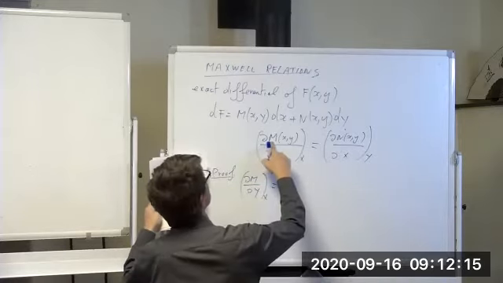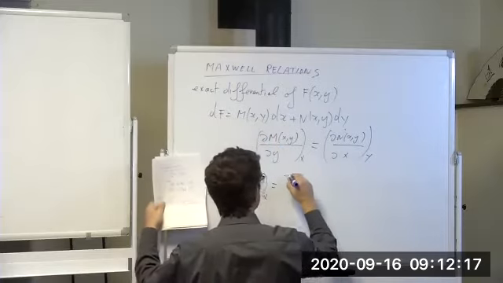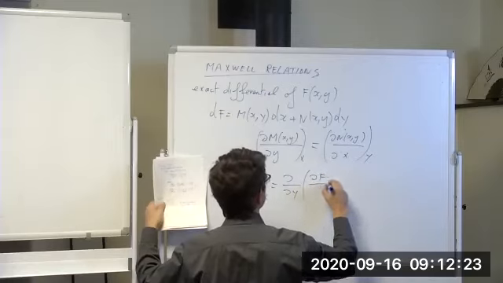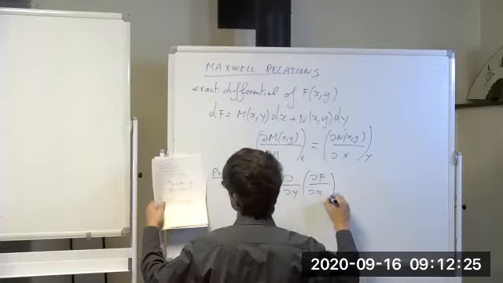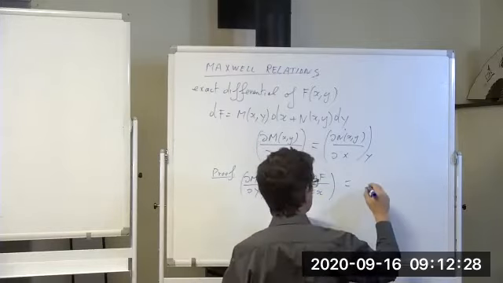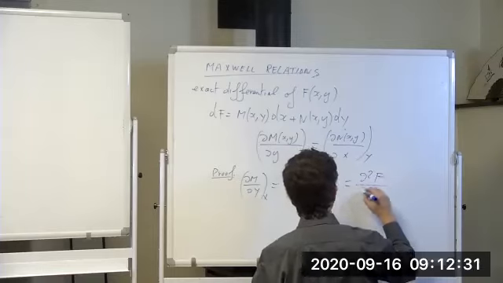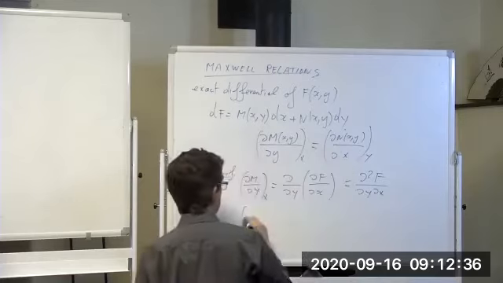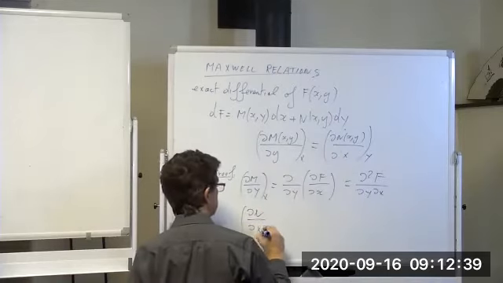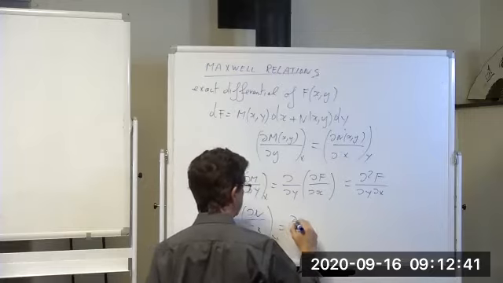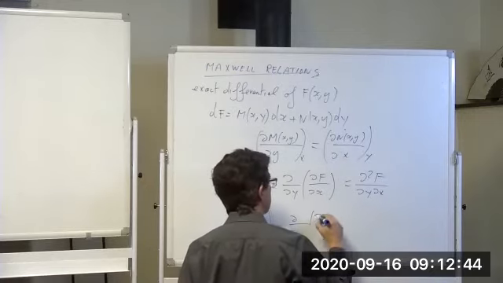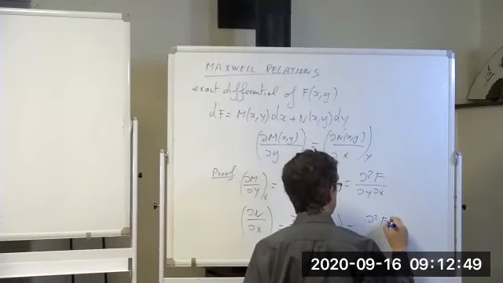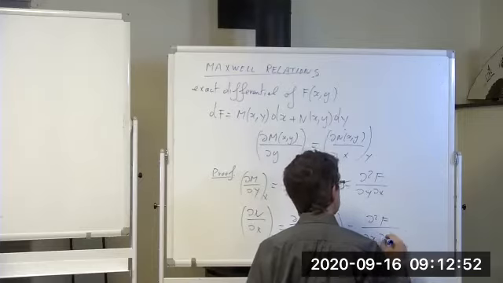M itself is the first partial of f. So this is d/dy of df/dx. So this is equal to d squared f/dy dx. And the dN/dx at constant y, this is d/dx of df/dy. So this is d squared f/dx dy.